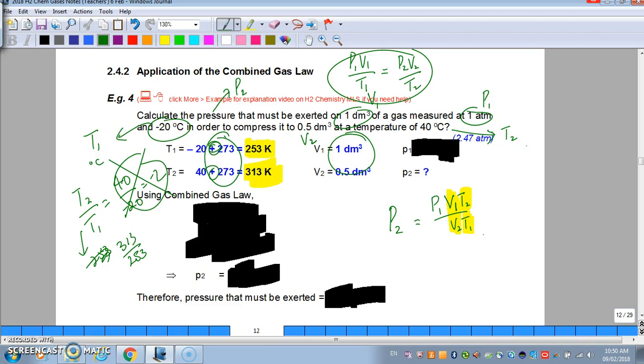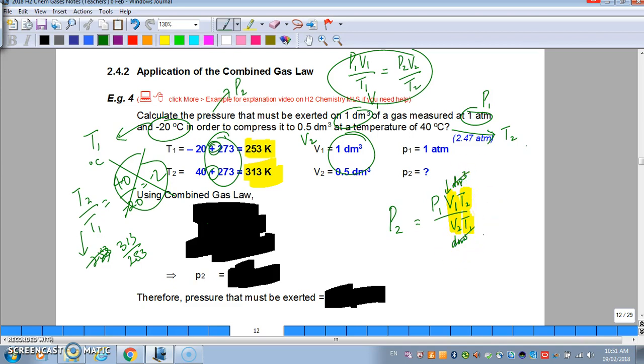But for other quantities like the volume and pressure, no issue: you can always keep the units stated in the question, because they will cancel out. Like in this case, V1 is in dm cube, V2 also dm cube, so the dm cubes will cancel out each other. So this is not an issue.